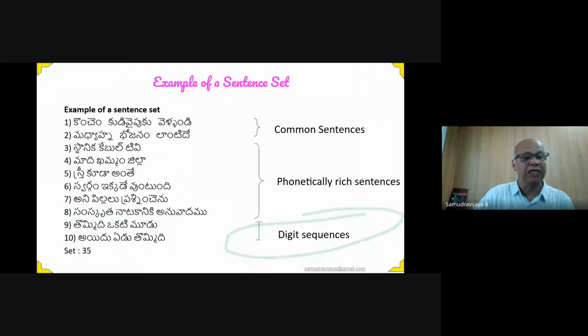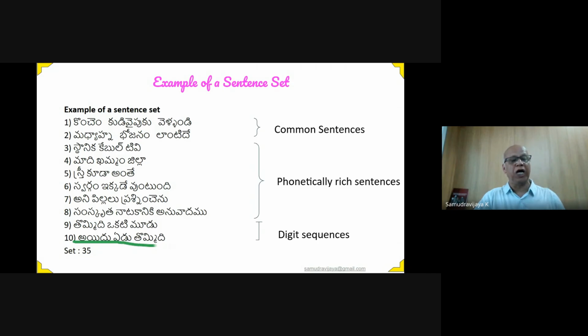For example, the sentence number 9 is Tommidi Okati Mudu. That means 9, 1, 3. And in any combination of digits, and the last one is Aidu, Edu, Tommidi, 5, 7, 9. So 50 such sets are designed, and each person speaks different sets.